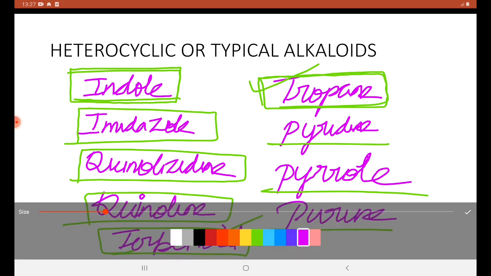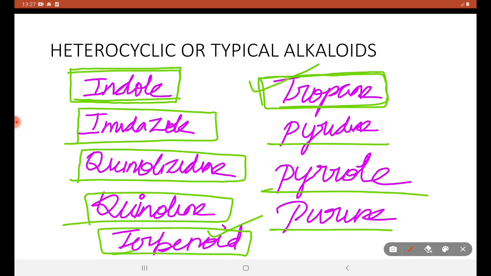So let us do it again. In case of indole, we have vincristine and vinblastine. Atropa belladonna, atropine. Pyridine, nicotine. Terpenoid, we have compounds like aconitine. Purine, we have caffeine. Quinoline, we have quinine.